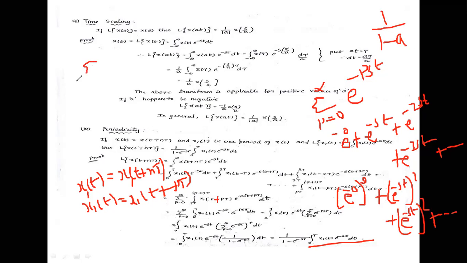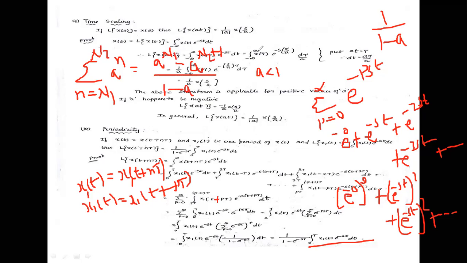I already told that the sum of a power n, from n equal to n1 to n2, is equal to (a power n1 minus a power n2 plus 1) whole divided by 1 minus a, where a is always less than 1 and n2 is greater than n1.